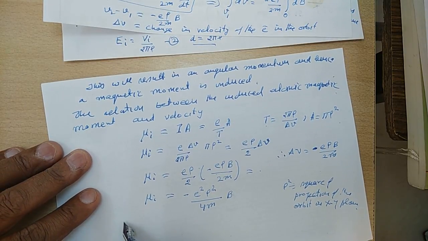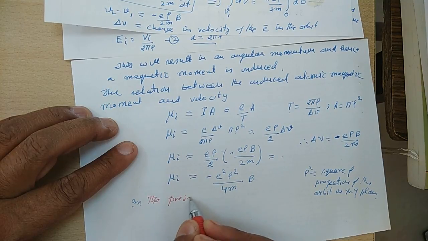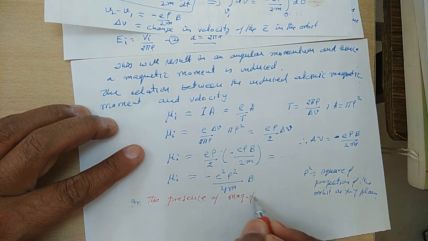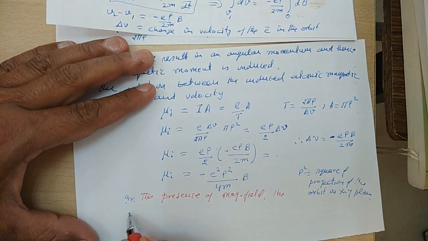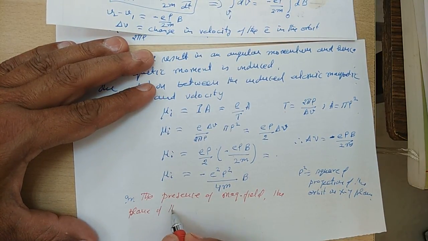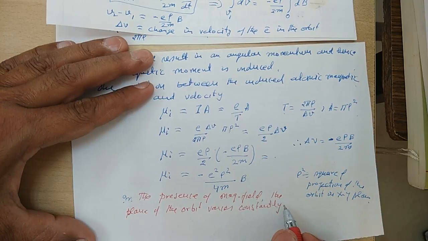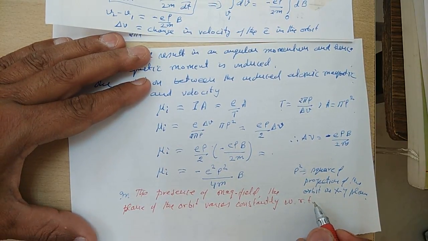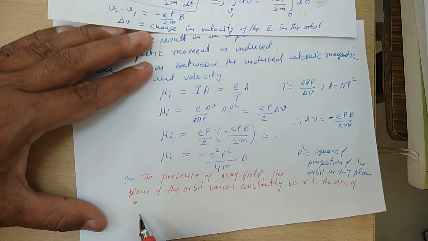And in the presence of the magnetic field, the plane of the orbit varies constantly with respect to the direction of the applied field.